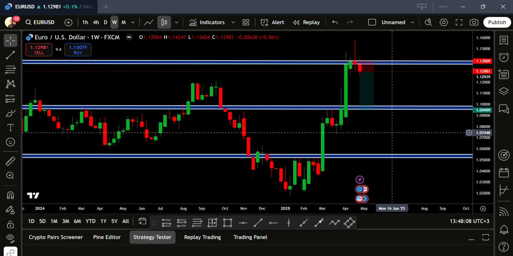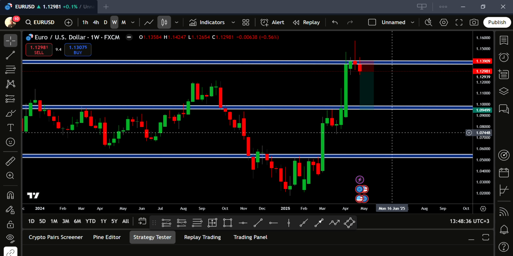And now that you're going to be using the high time frames, you don't want to use a time frame that is going to take forever to create a setup. Let's say, for example, the monthly time frame. If you don't get a setup this month, it's going to take you another month to get a setup, and we cannot be waiting for a whole month. Yeah, I mean, we can wait, but why do we have to wait for the whole month when you can just use the weekly and daily?